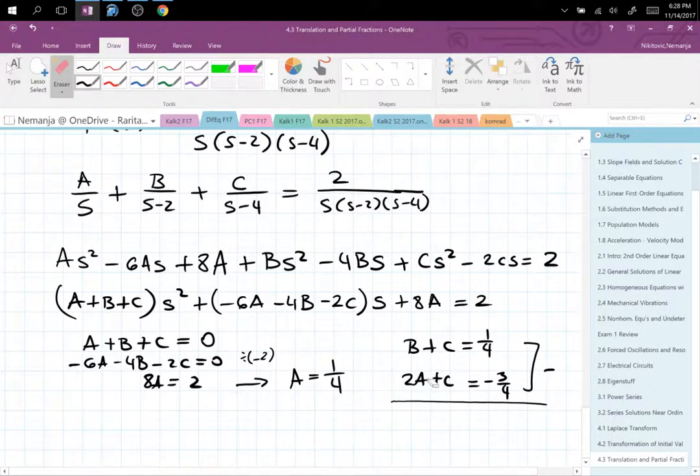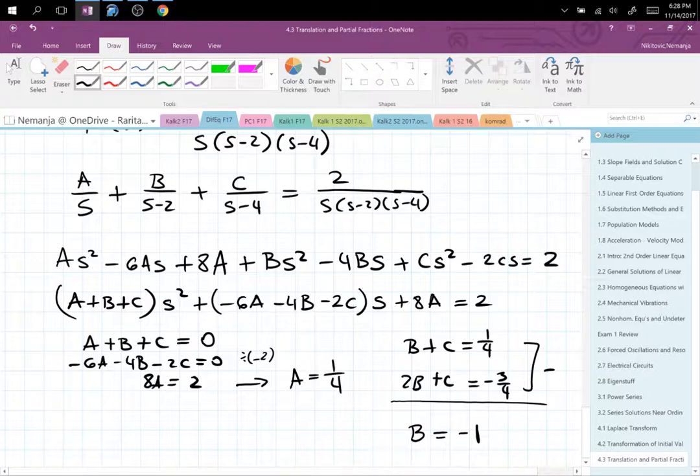This is not supposed to say 2a, it's supposed to say 2b. So when I subtract equations now, bottom minus top. 2b minus b is b. C's are dead. It's a negative 1, right? Wait, isn't it supposed to be b plus c is negative a quarter?